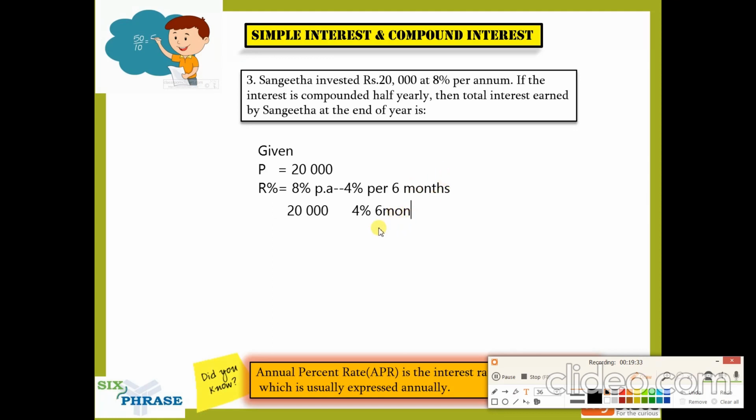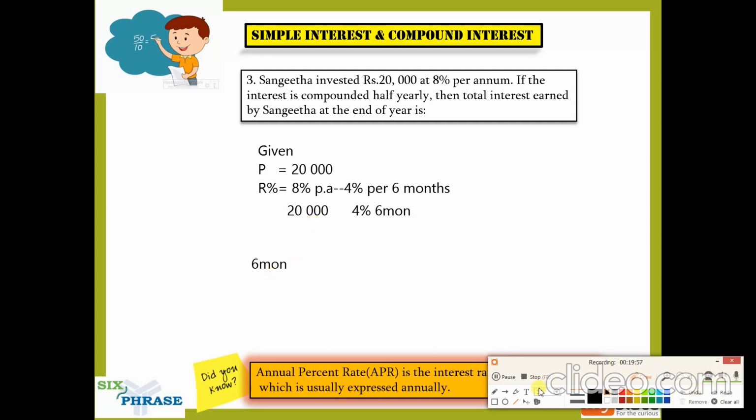So now what happens? 4% for 6 months. At the end of 6 months, this is the 6 months mark, it will be 4% of 20,000. So we'll first find 1%, guys. 1% is 200. If 1% is 200, what is 4%? It is 800, right?